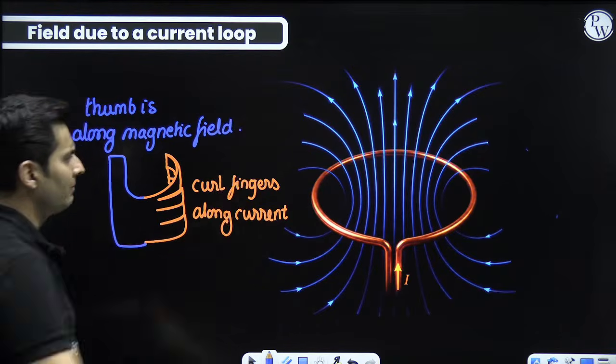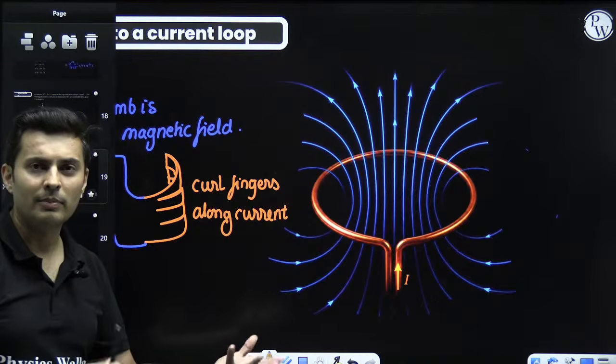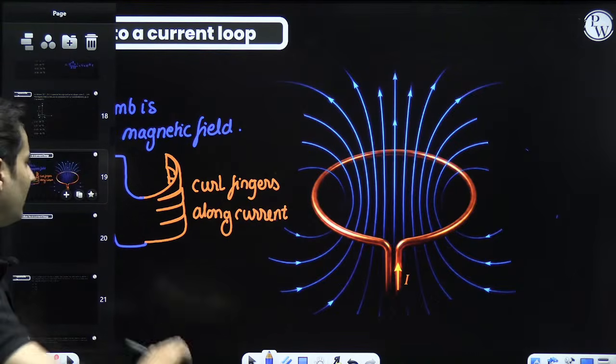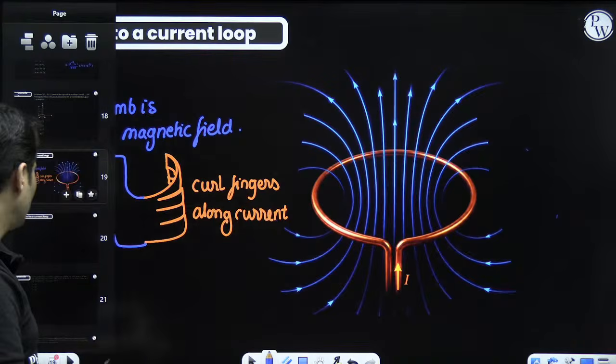Very, very simple. Nothing great to remember. Curl your fingers, thumb points in the direction of the magnetic field. Curl your fingers opposite, it goes exactly down.